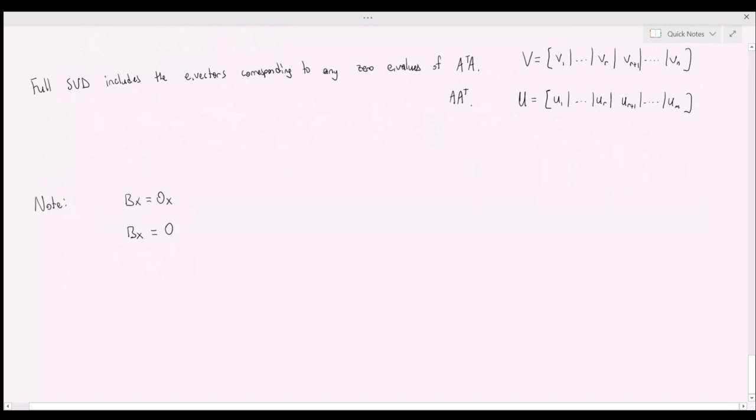So that means that when I'm talking about getting the vectors V R plus 1 through Vn, and I'm saying these are orthonormal eigenvectors of A transpose A corresponding to an eigenvalue of 0.